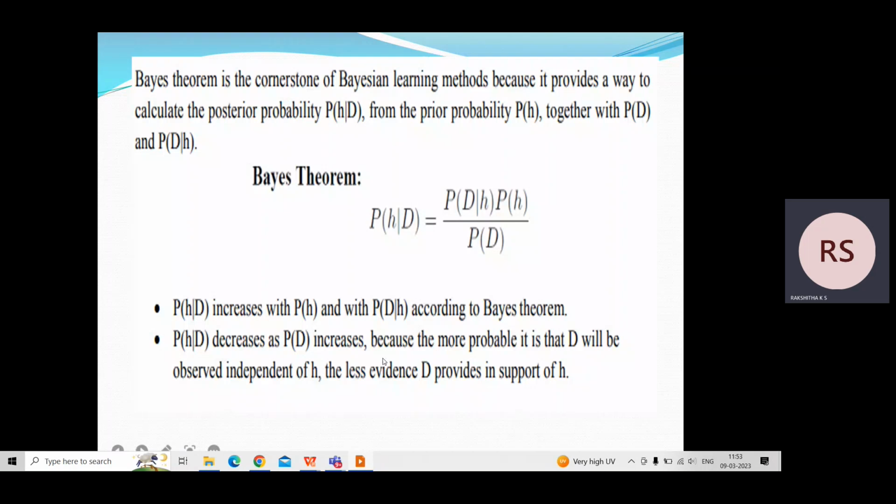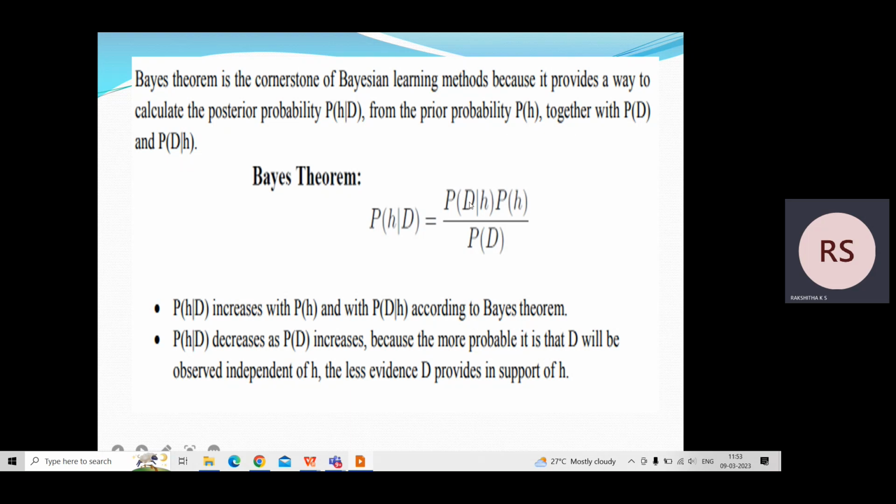So this is the Bayes theorem: P(H|D) equals P(D|H) times P(H) divided by P(D). Here, P(H|D) is known as the posterior probability, and P(H) we call the prior probability.